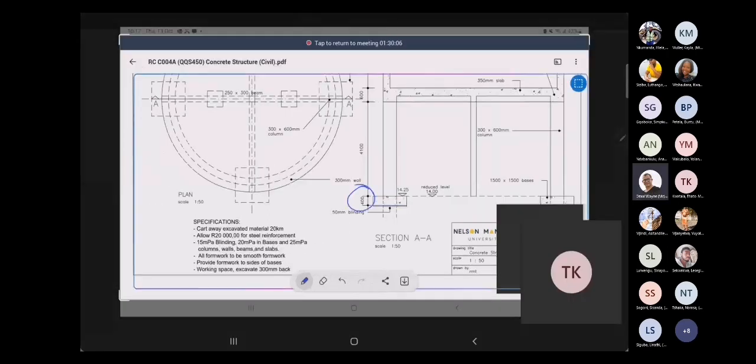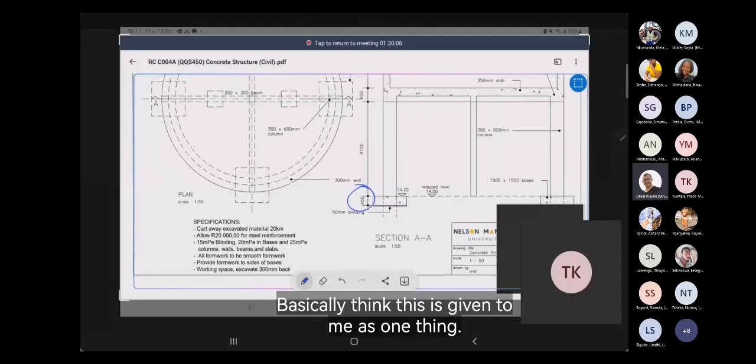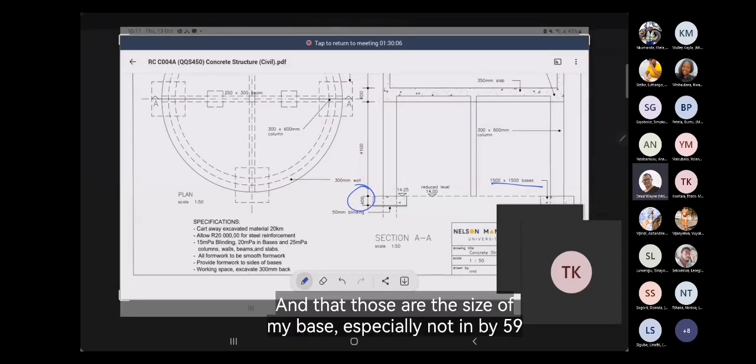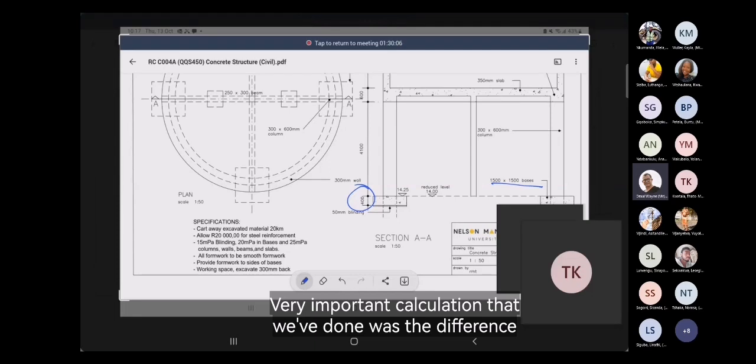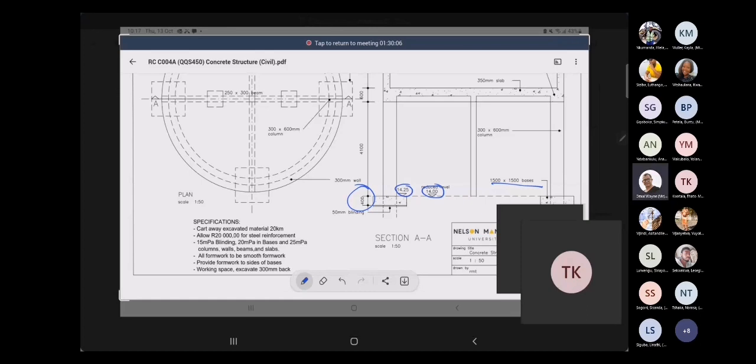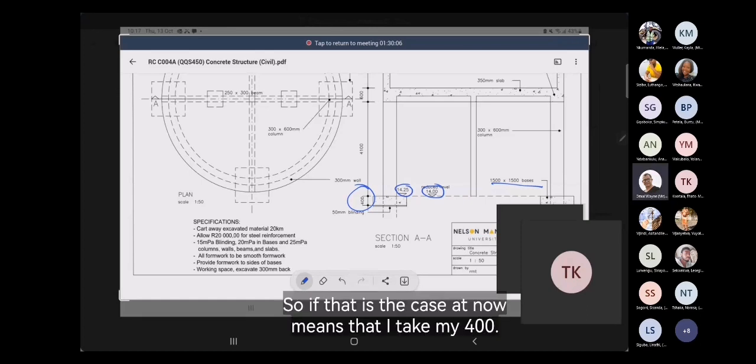The thickness is given to me as 400 feet. And those are the sizes of my bases, 1500 by 1500 by 410. But a very important calculation that we've done was the difference between those two. So if that is the case, it now means that I take my 400.